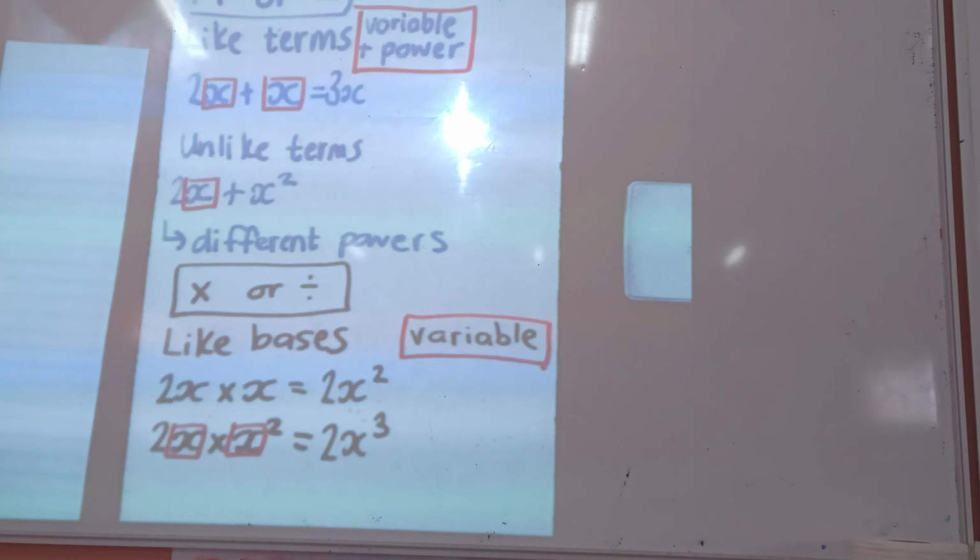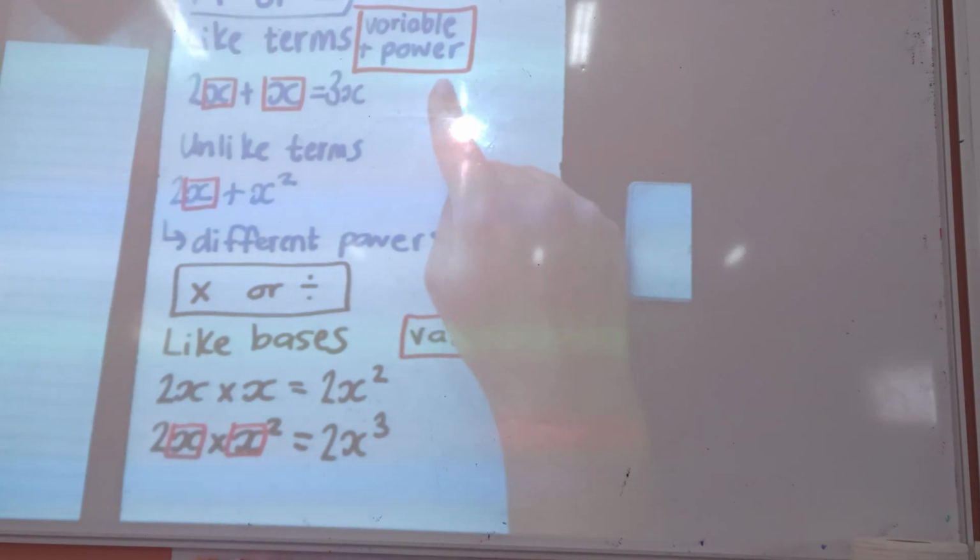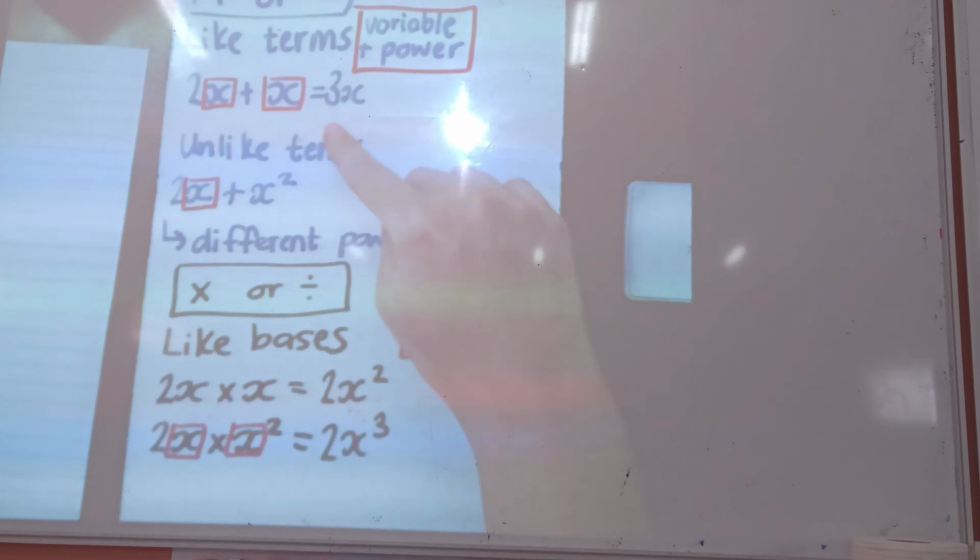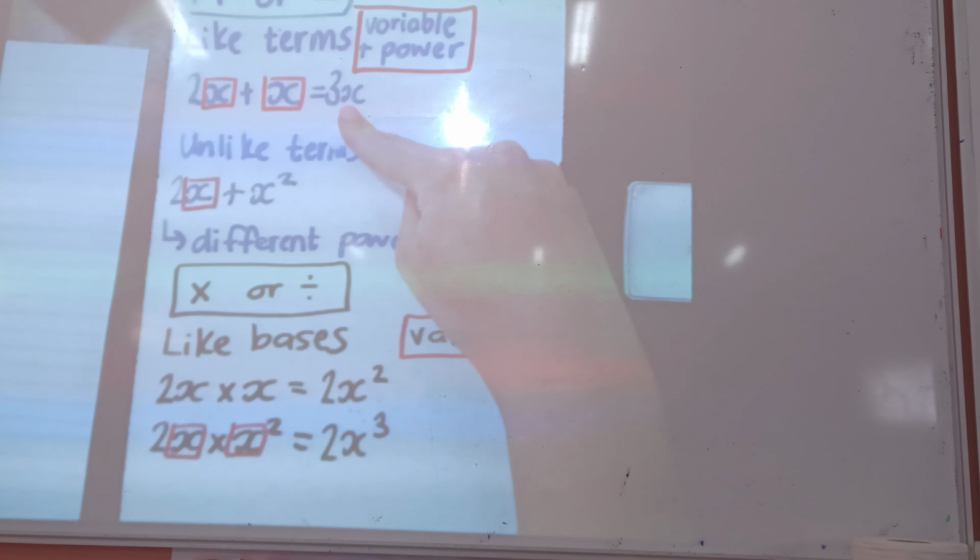If you think of BODMAS, it's brackets, of, who cares, addition and subtraction. I spoke about addition and subtraction being one thing you can do, and then multiplication and division. So that's what it comes down to in algebra. If I'm multiplying or dividing, the variable and the power must be the same, and I just stick it all together with the same variable and power.